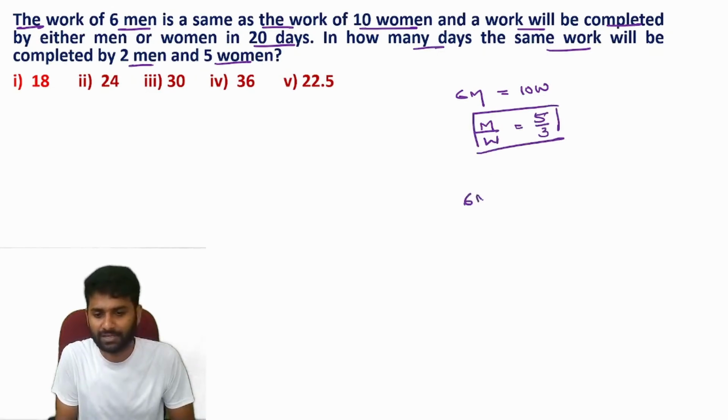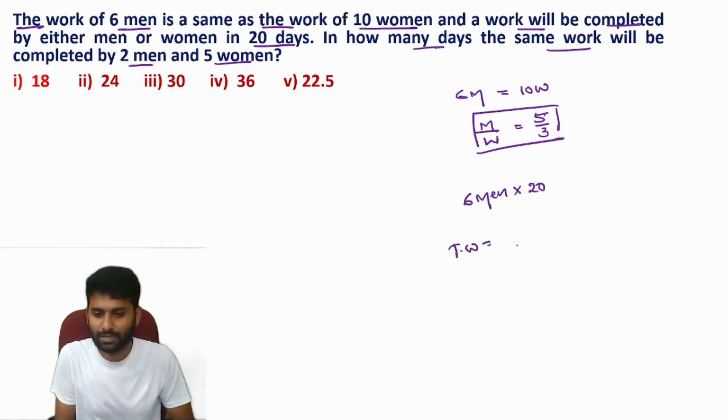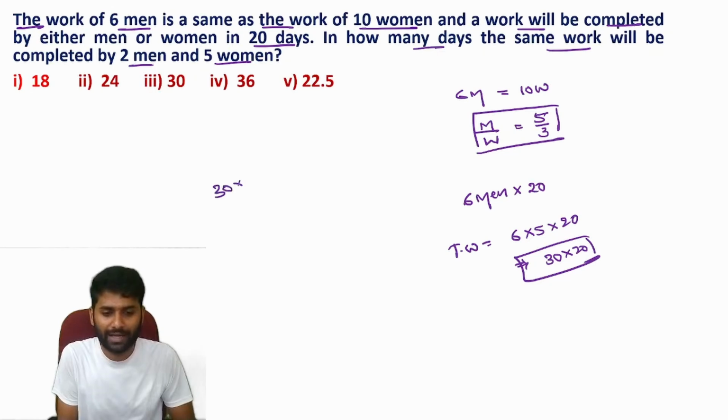They clearly mentioned that 6 men take exactly 20 days, or 10 women take exactly 20 days. Then the total work is 6 into the men's efficiency 5 units, and they complete it in 20 days. So 30 into 20 is the total work. Now we are assigning this work to 2 men and 5 women. 2 into men's efficiency 5 units, 5 into women's efficiency 3 units.